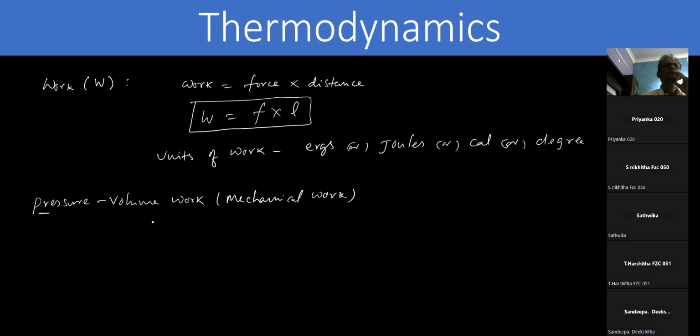In a change of volume of any system, we will get some work. That work can be done by the system or by the surroundings. That's why we can express it in both ways.